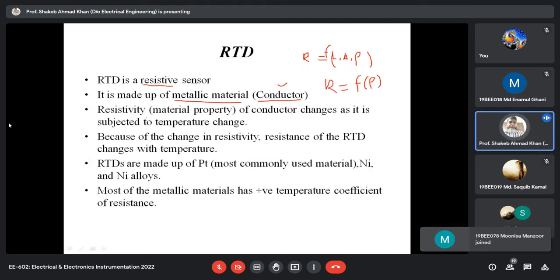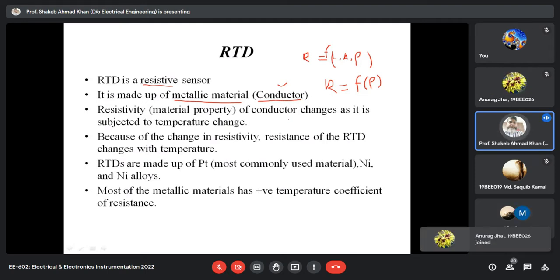So that's what I had written. Resistivity, a material property of the conductor, changes as it is subjected to the temperature change. Basically, this is the behavior of the material, that when it is subjected to the temperature change, then its resistivity changes.